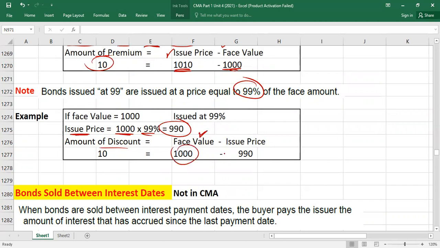Face value, 1000, minus issue price, 990. So $10 will be the amount of discount. Understood? Whenever the percentage is greater than 100, it is premium. Whenever the percentage is less than 100, it is always a case of discount. Clear? Understood?